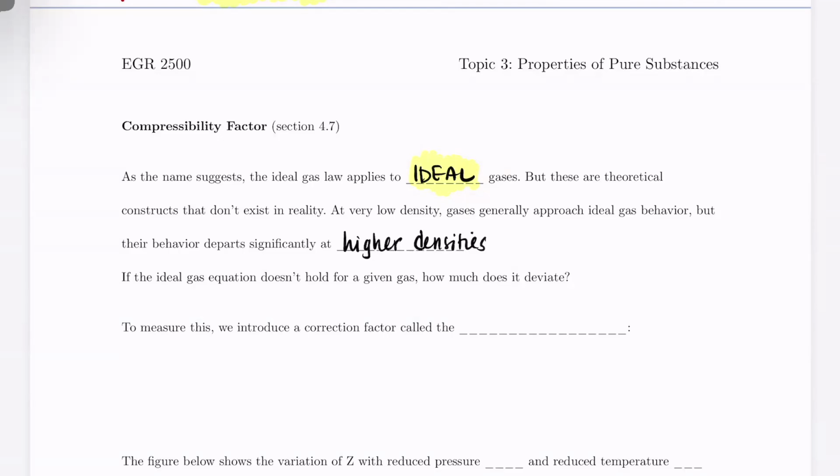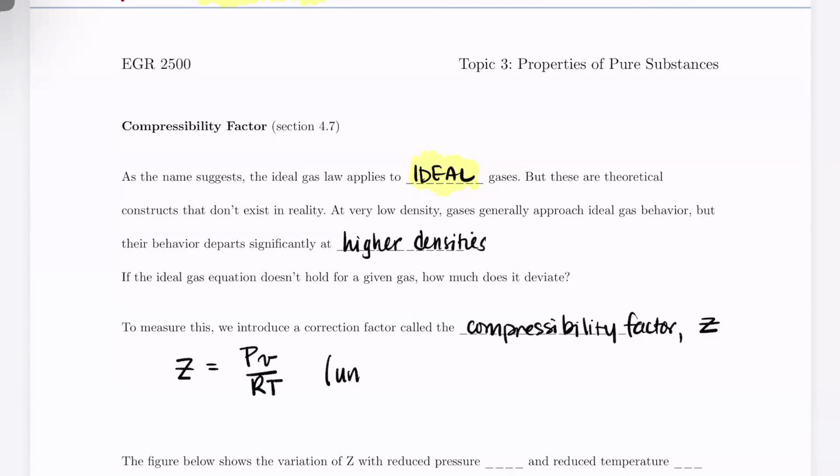In order to measure that, we're going to use a correction factor that we call the compressibility factor, and we give it the symbol Z. The definition of Z is that it is the ratio of PV to RT, and it is unitless. The reason is that our ideal gas equation is PV equals RT, and both sides of our equation have to have the same units, so if we divide the left-hand side by the right-hand side, the units go away.